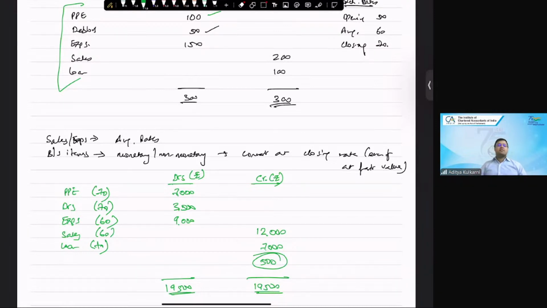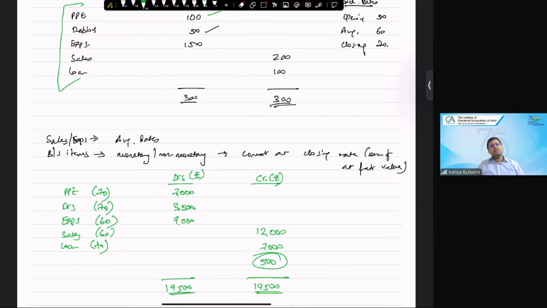Why is this difference coming? बोलो यार. Sir, due to different exchange rates. Different conversion rates, sir. आधे आइटम मैंने 70 पे कन्वर्ट करे, आधे मैंने 60 पे कन्वर्ट करे, तो कहां से टैली होगा? डिफरेंस तो आएगा ही.